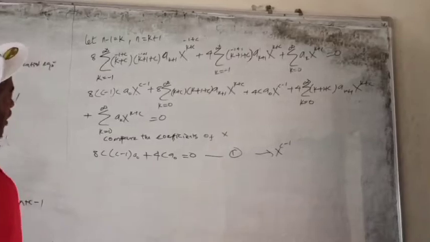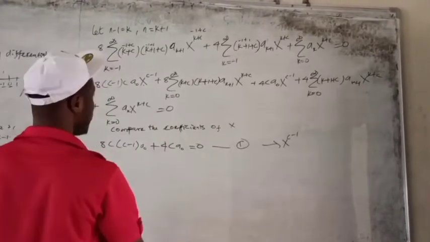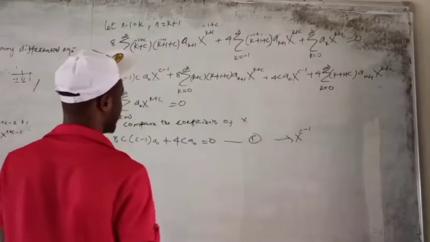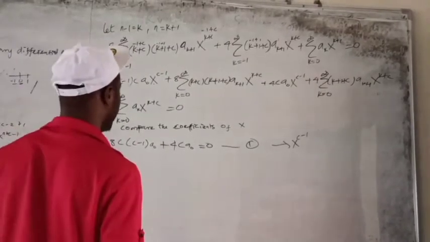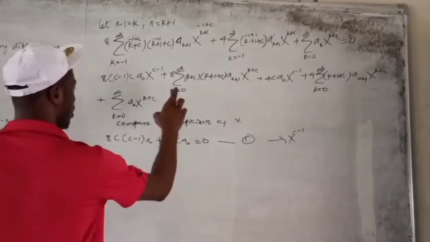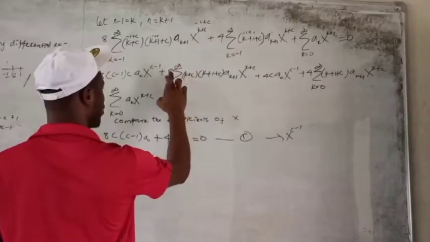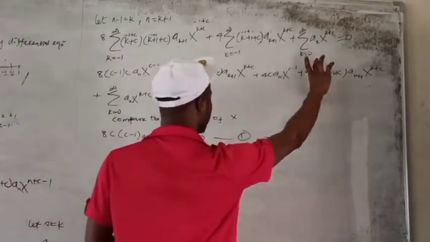So the next one we have here is when x is raised to the power of k plus c. So if x is raised to the power of k plus c, let's compare the coefficients. When comparing the coefficients, I want you to just take what you have. You can leave the sum out of it.